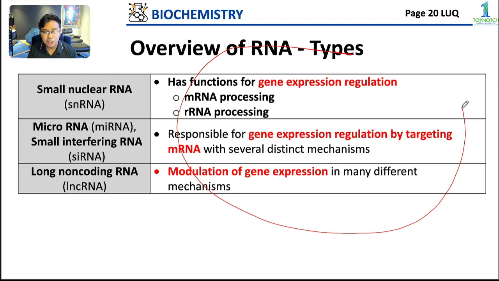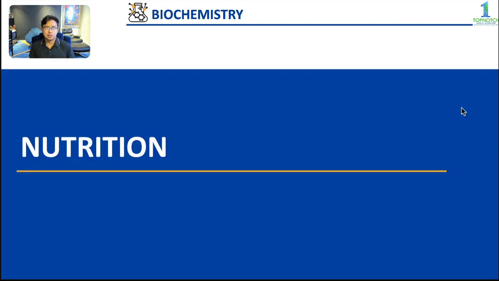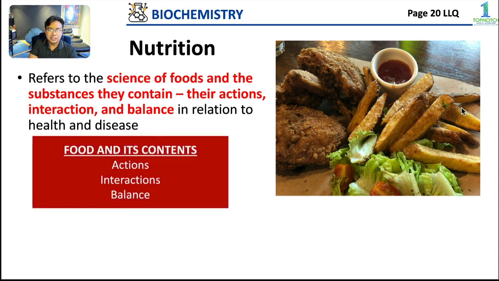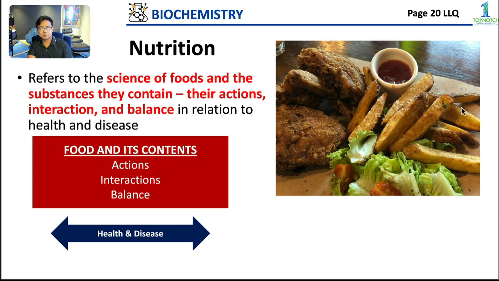Now we head to your nutrition. So what is nutrition? Nutrition refers to the science of foods and their substances they contain, their actions, interaction, and balance in relation to disease. Basically, pinag-usapan dyan ang action to the body, interactions with each other, and their balance with respect to health and disease.